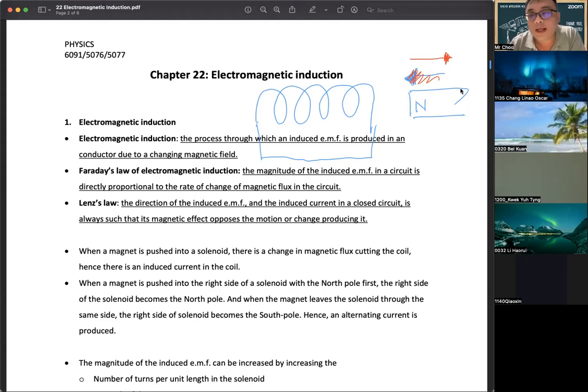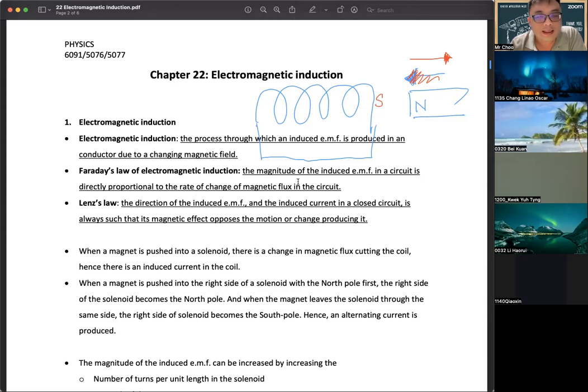When it's moving away, it is like repelling, so to oppose the repulsion, it is attraction. So the right side of the solenoid will become a south pole. Same thing: your thumb points to the north pole, and your fingers will be the direction of current. Is that clear? Are you clear about this?